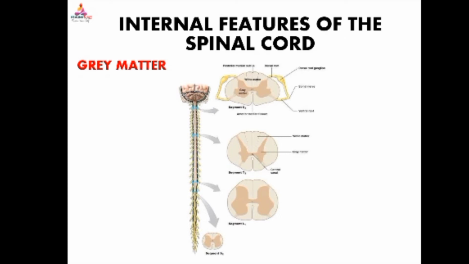Progressively more and more ascending fibers are added to the cord from below upward. The number of descending fibers decreases in the cord from above downward as some of them terminate at each spinal segment. For this reason, the amount of white matter is massive in the cervical segments and very little in the sacral segments.